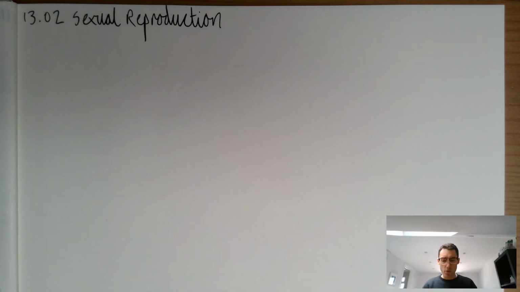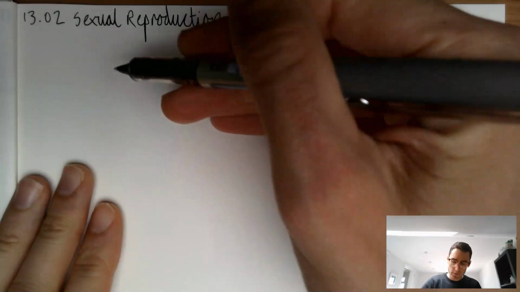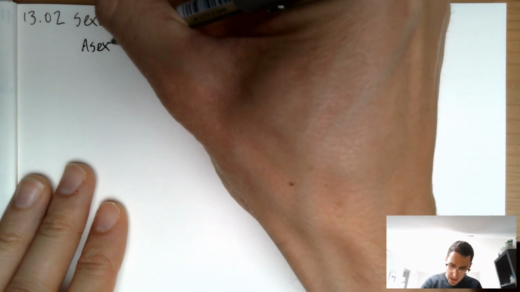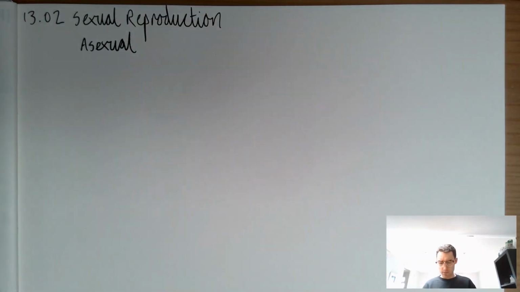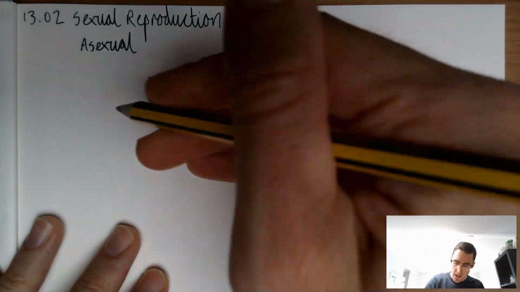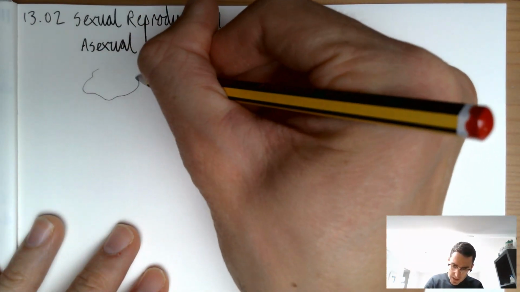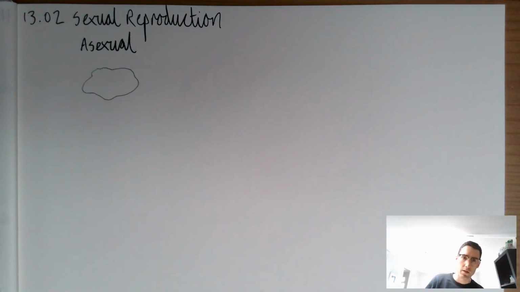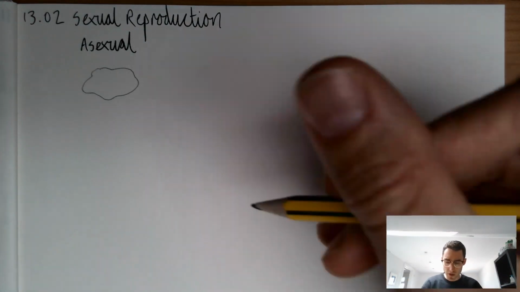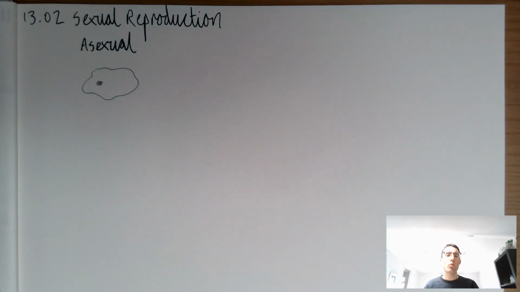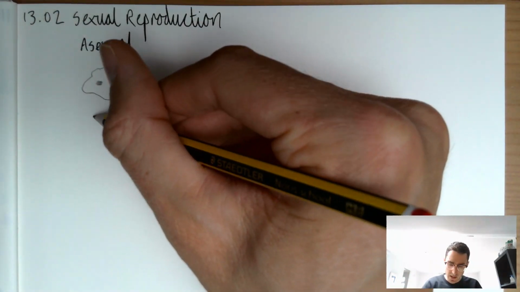And what I might do when teaching this lesson is to just contrast sexual reproduction firstly with asexual reproduction. So I might divide my page into two with students and just give them some really simple examples of how single-celled organisms like an amoeba, something really basic that looks like this with a nucleus like that, when that reproduces, essentially all that happens is it divides itself.